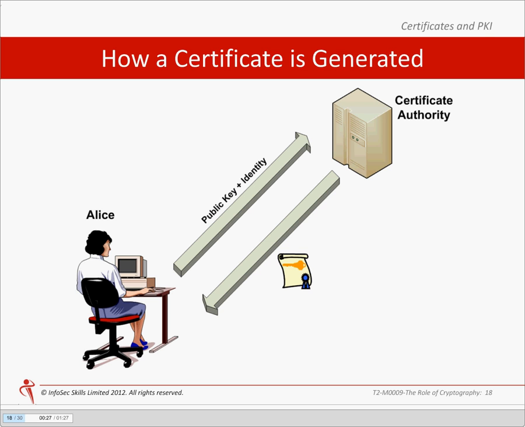This information is sent to a third-party authority who checks the attached information and signs the public key, generating a certificate. The certificate authority uses their own private key. The official name for this kind of signing authority is simply a certificate authority, a CA. The certificate is then returned to the user and is available for a variety of uses.